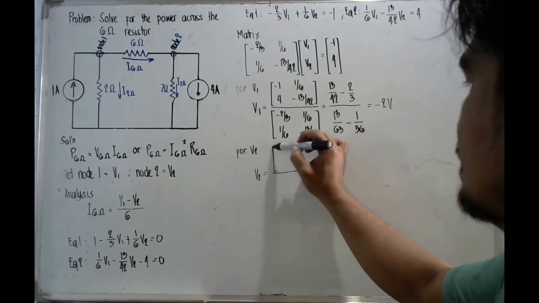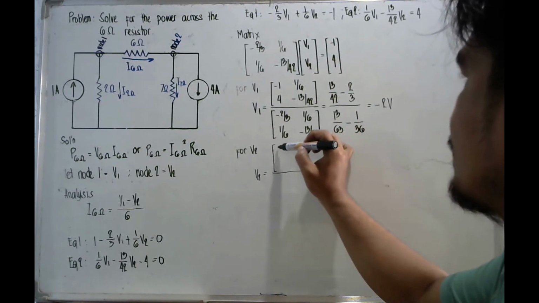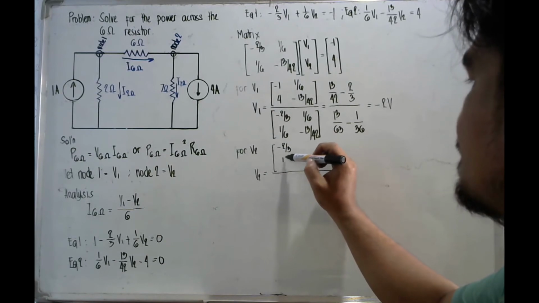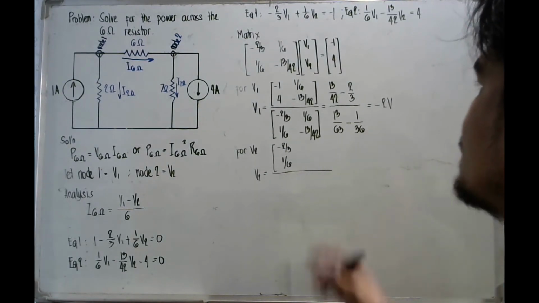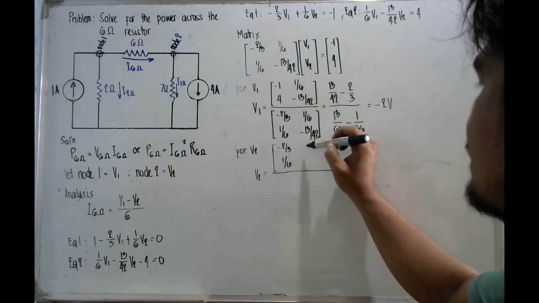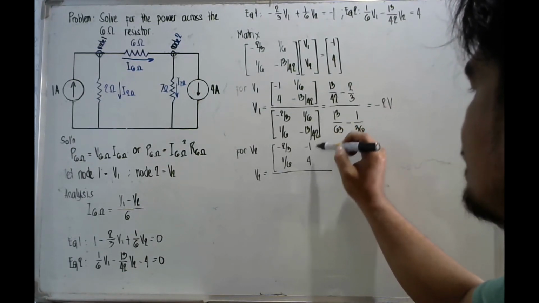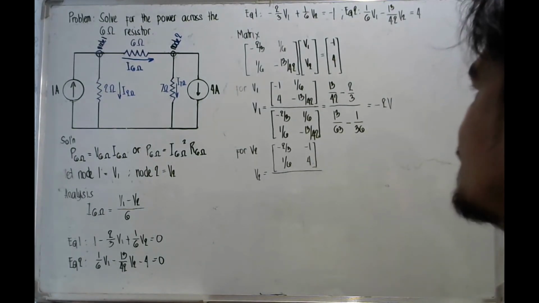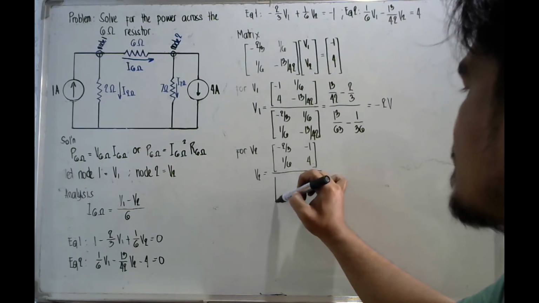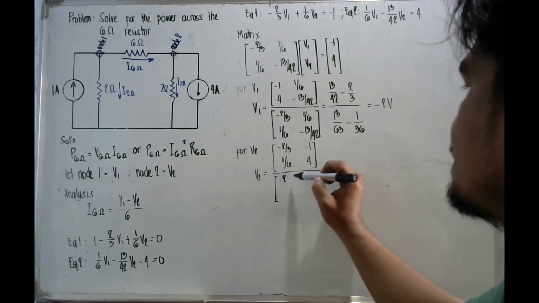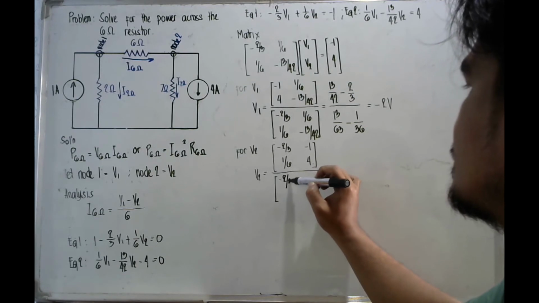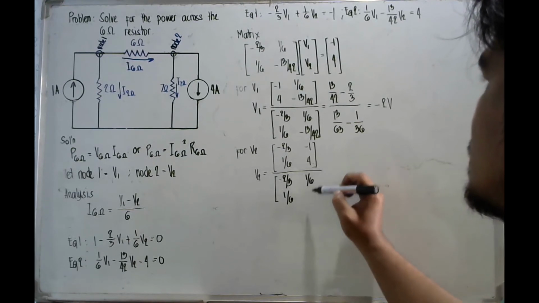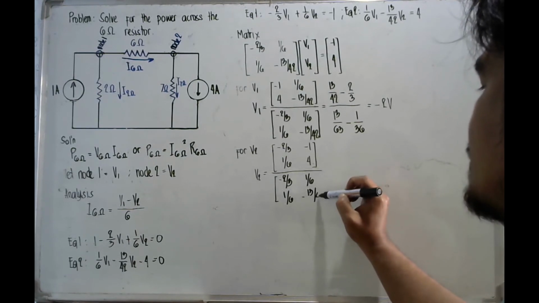Copy the elements of V1, negative 2/3 and 1/6, and for V2, replace with the constant values, negative 1 and 4, divided by these elements: negative 2/3, 1/6, 1/6, negative 13 over 42.